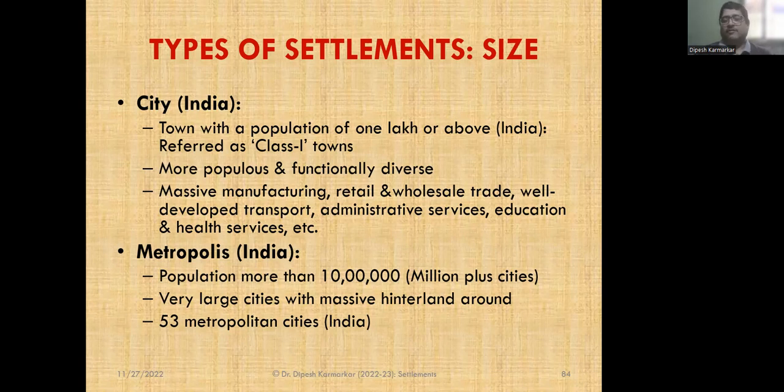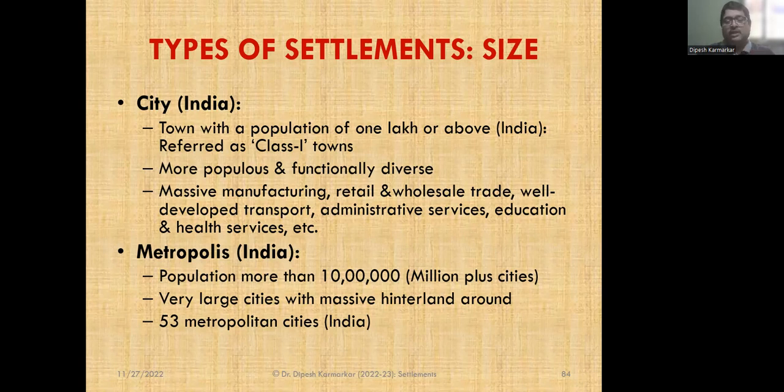The next type of urban settlement is called a metropolis. Metropolises are cities having a population of more than a million, so these are also called million plus cities. These are very large cities in terms of population, geographical area, number of houses, and also in terms of hinterland. Hinterland is the area of influence.